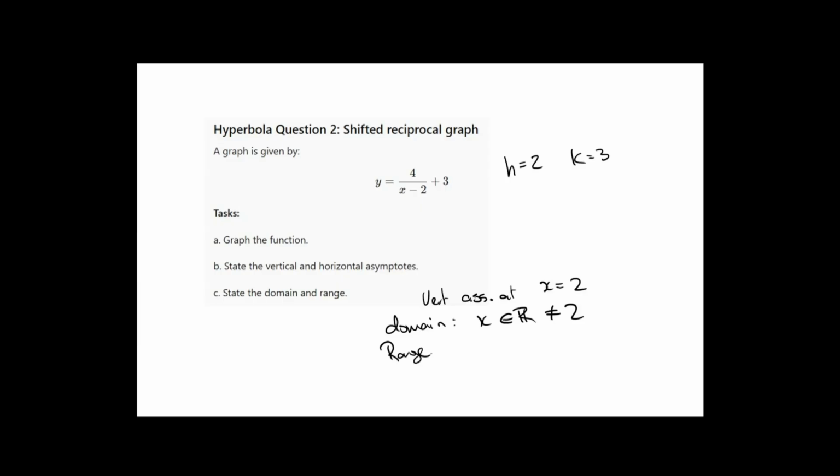The range, again, these are the y values. Y values is going to be all real numbers not equal to 3. So y is going to get arbitrarily close to 3 but never get there, and x can get arbitrarily close to 2 but never quite get there. That's what an asymptote is.